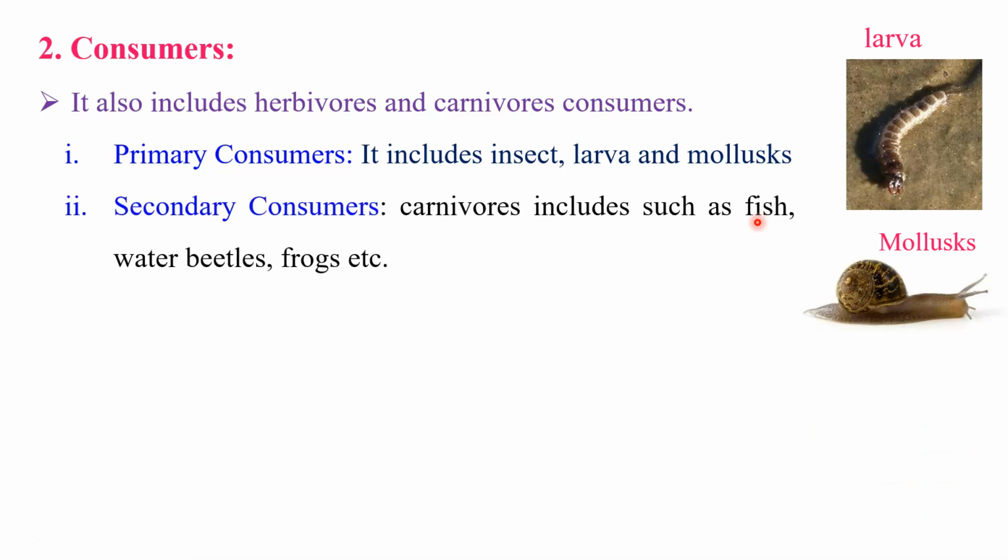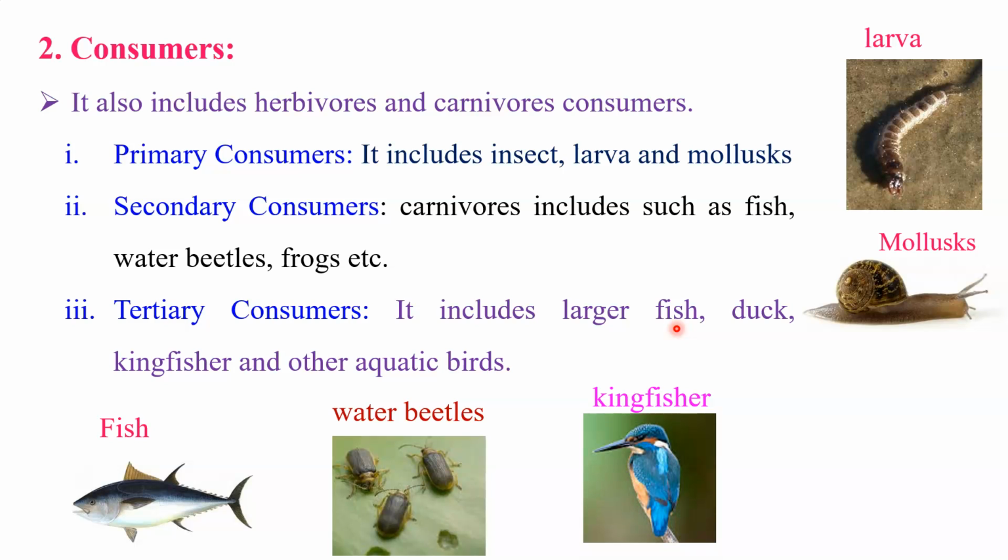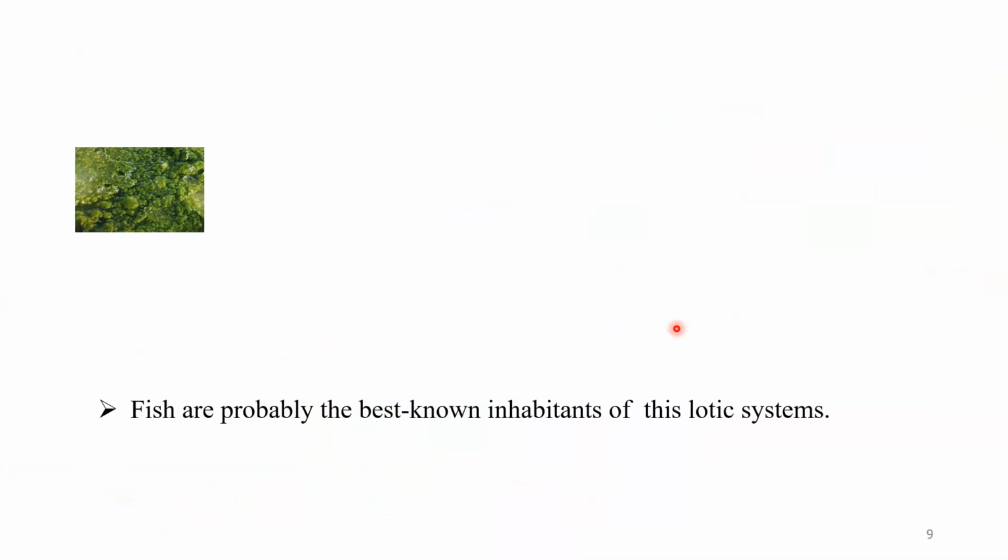Dear student, if we are talking about the secondary consumer, they are mostly carnivorous, such as fish, water beetles and frogs. They play the role of secondary consumer in this ecosystem. The tertiary consumer includes the larger fish, ducks, kingfisher and various aquatic birds. They play the role of tertiary consumer in this ecosystem.